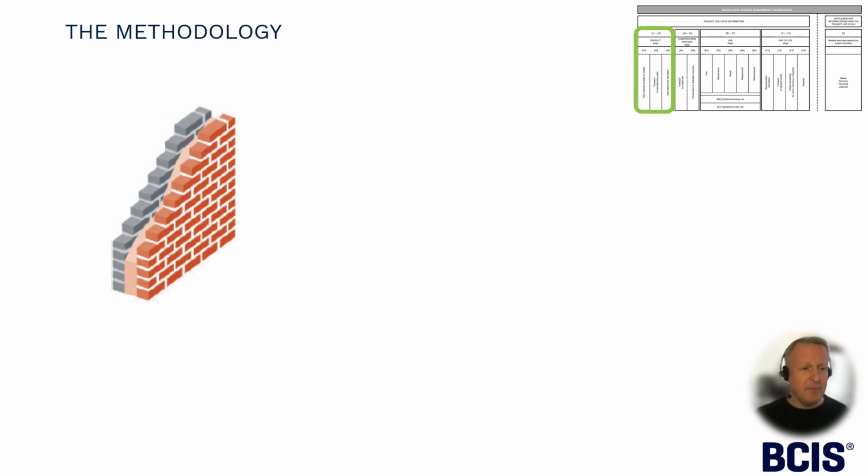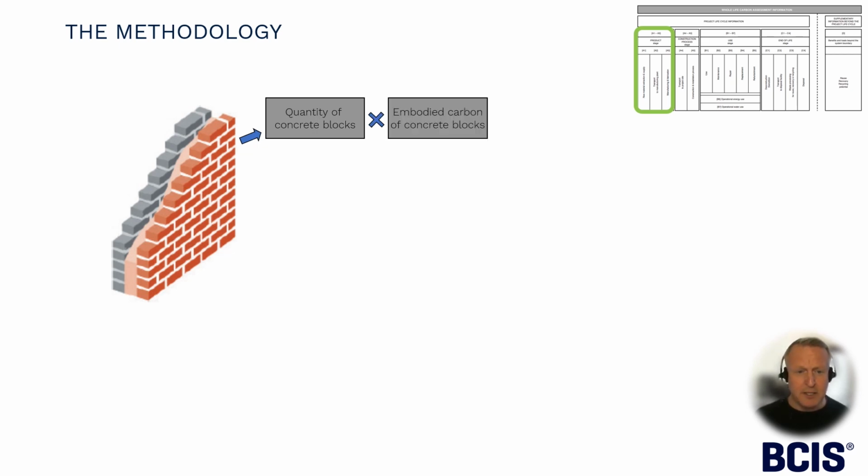So the methodology to calculate emissions associated with something like a cavity wall, in our crude example here, is that first of all, you need to understand the quantity of the various parts. You then need to understand the emissions factor of the concrete blocks in the particular example that we're using here at the moment. And then you multiply those two things together to give you the embodied carbon of concrete blocks.